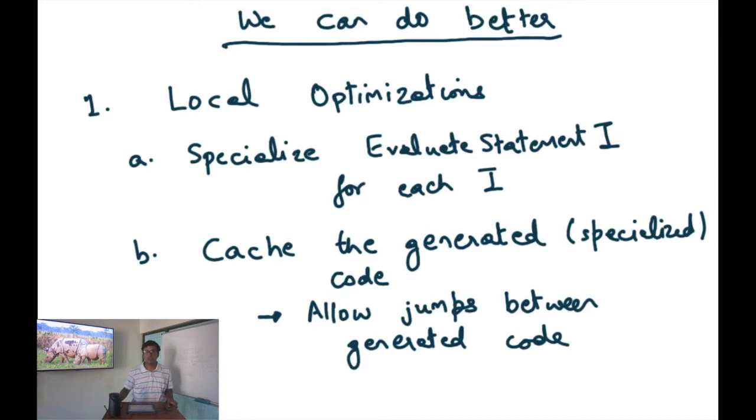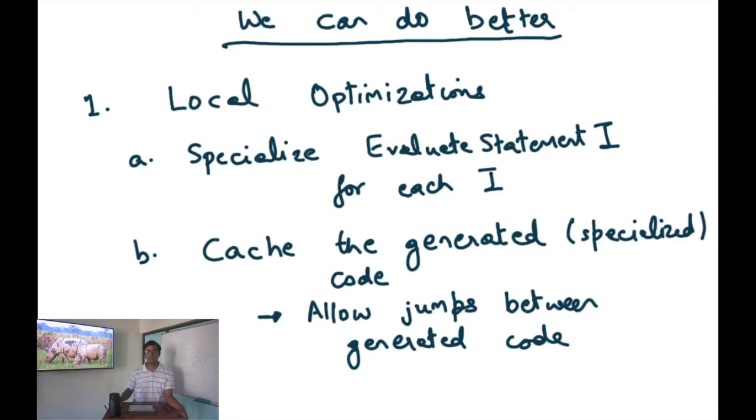What can I do? Well, I don't need to generate the code for every instruction again and again, because it is the same instruction that is being evaluated in different iterations. I can cache the partially evaluated eval function for a given instruction, for a given statement, and then I can keep jumping to that whenever I need to, right?